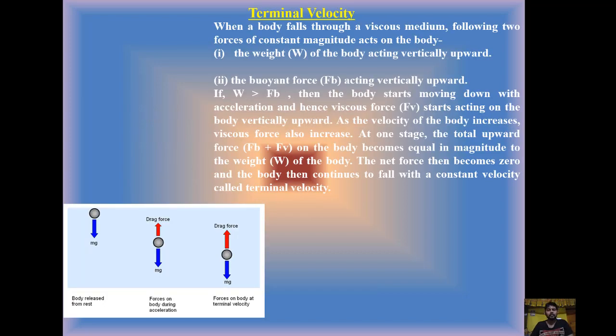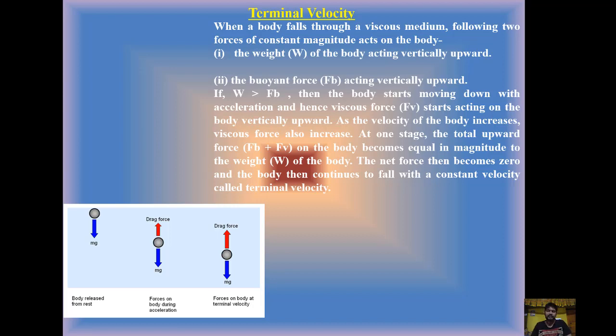Now, what is terminal velocity? Let us suppose that a spherical body starts moving through a fluid in the vertically downward direction. Initially, at the time of release, two forces of constant magnitude act on the body: the weight of the body acting vertically downward, and the buoyant force acting vertically upward.